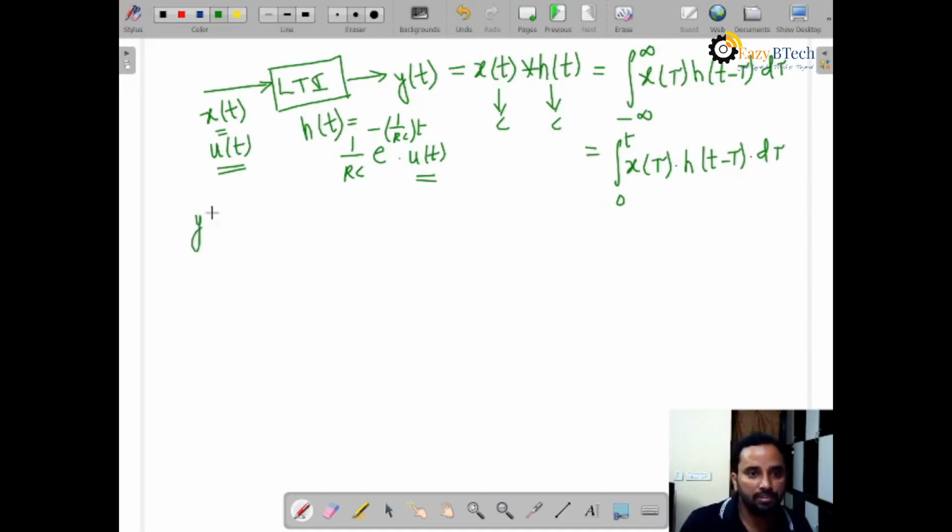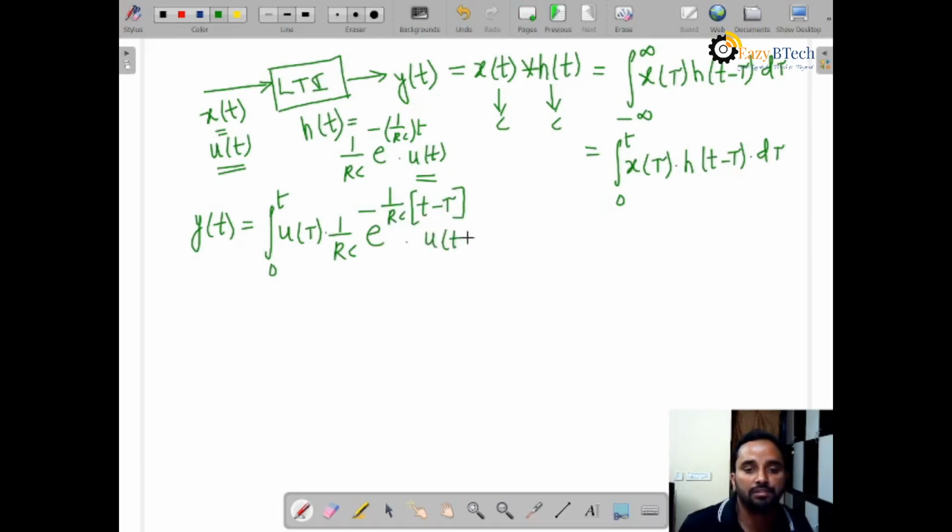y of t is equal to the integral from 0 to t of u of tau, that is x of tau, times h of t minus tau, that means 1 by RC e to the power minus 1 by RC into t minus tau, and u of t minus tau, d tau.